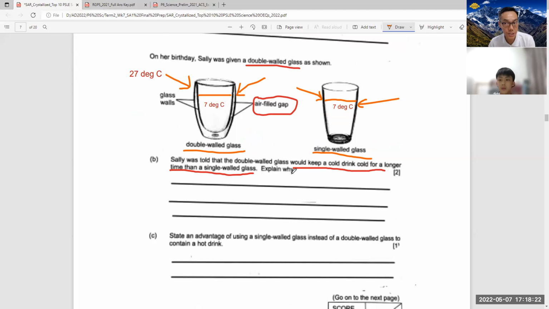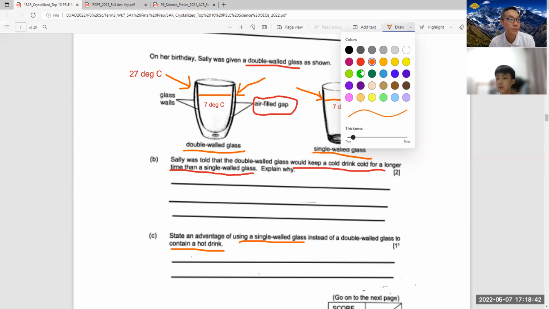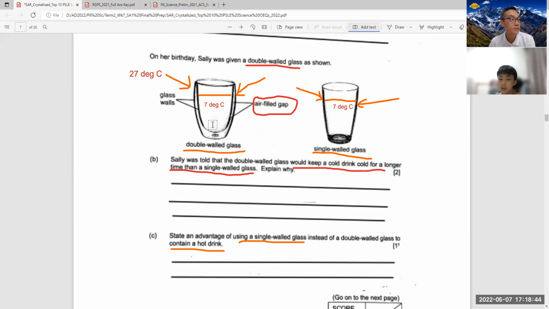Okay, now they change the situation. They ask you to state an advantage. Why is it good to use a single wall glass instead of a double glass to contain a hot drink? I want the drink to cool down faster. So change scenario: now the drink is 70 degrees Celsius.